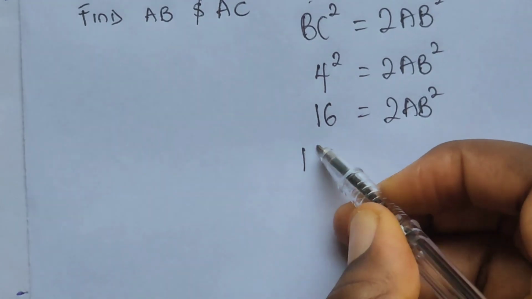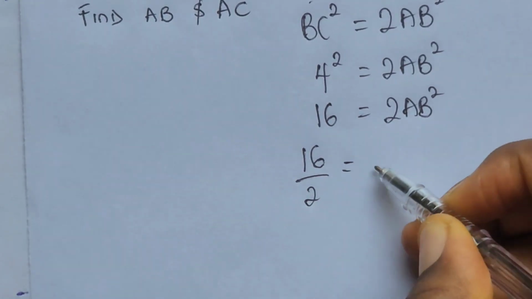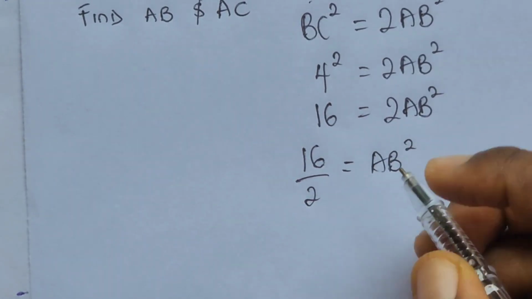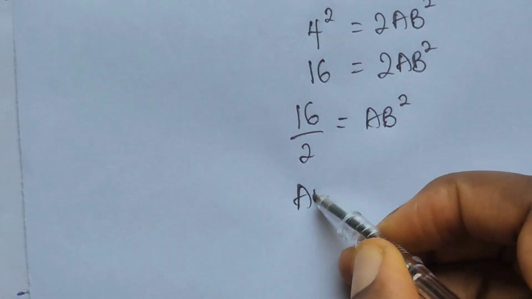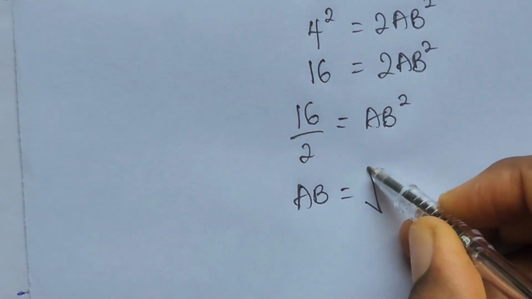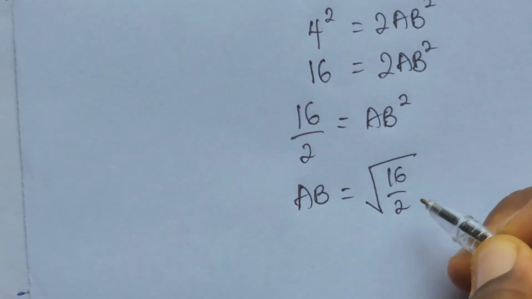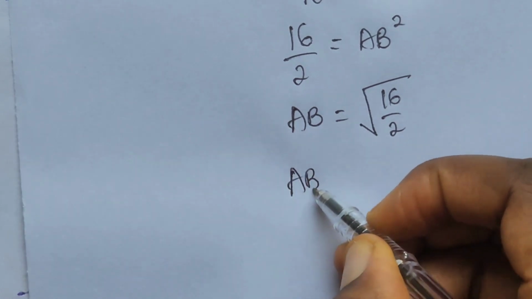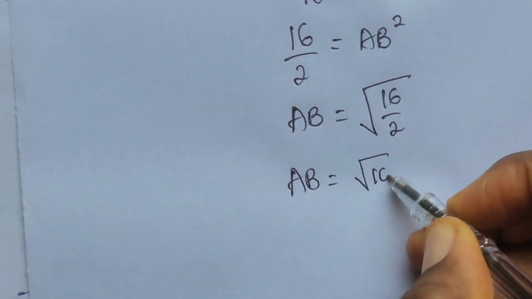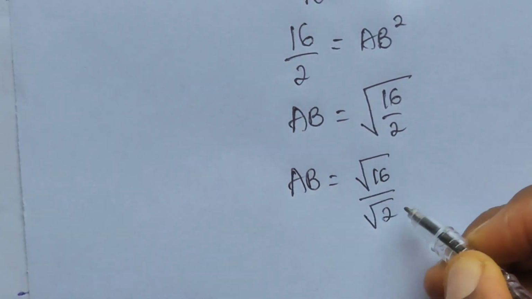So from here we have 16 over 2 to be equal to AB all squared, meaning that our AB is equal to the square root of 16 over 2. So we have AB to be equal to root 16 all over root 2.